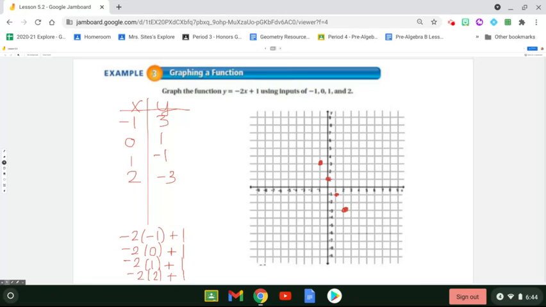And so this would be the function that we have. Let's draw the line. And you can see that there's our function of y equals -2x plus 1. And if we check it using slope-intercept form, we have a y-intercept of 1, and it's going down 2 and to the right 1. So it passes our test like before.